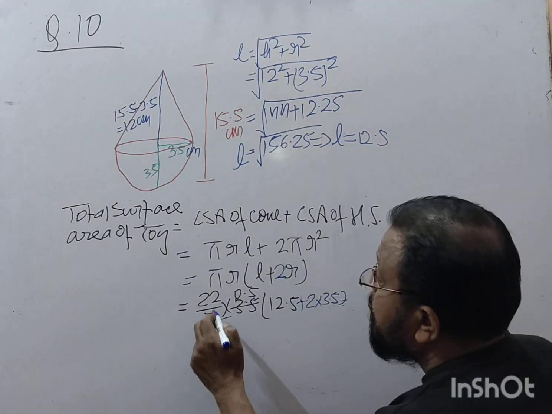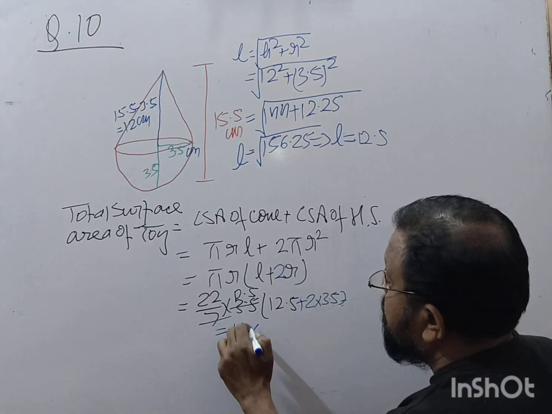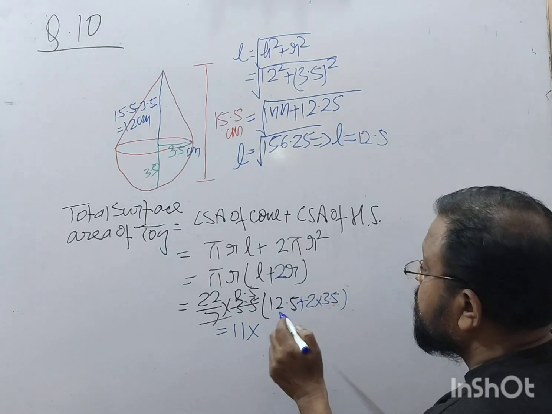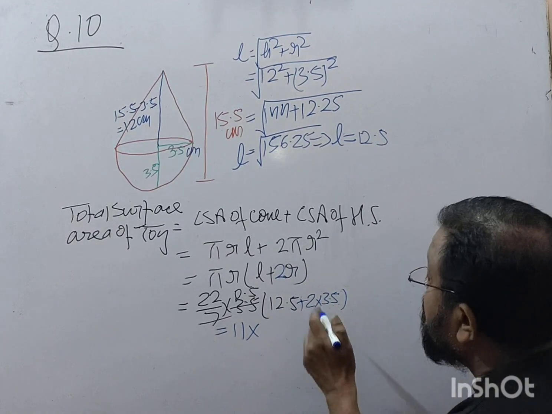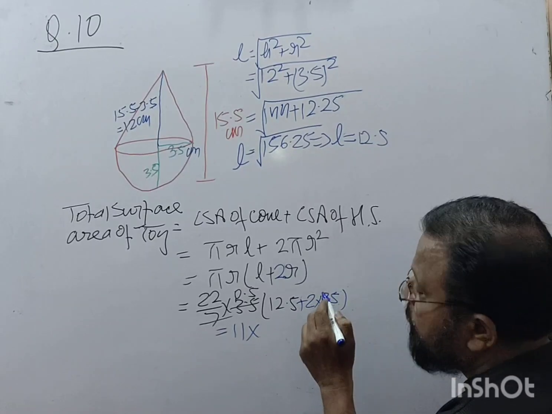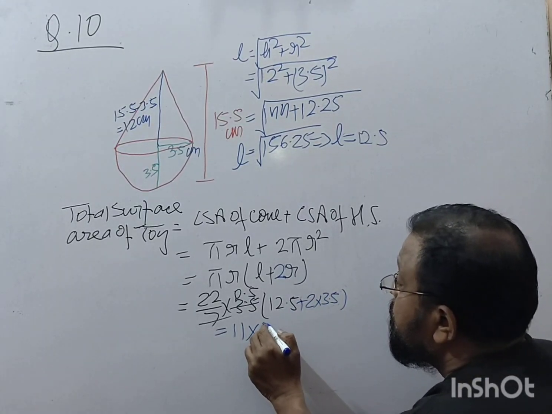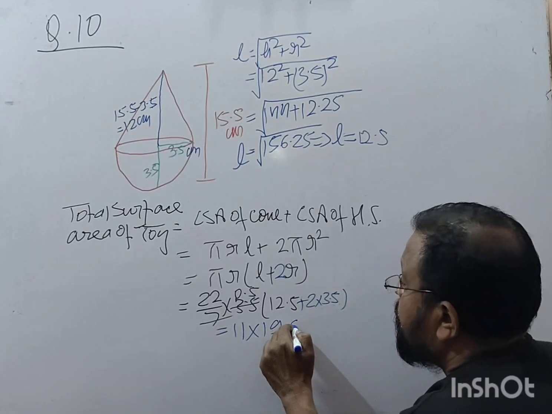It will be 11 into 7 plus 12.5, which becomes 19.5.